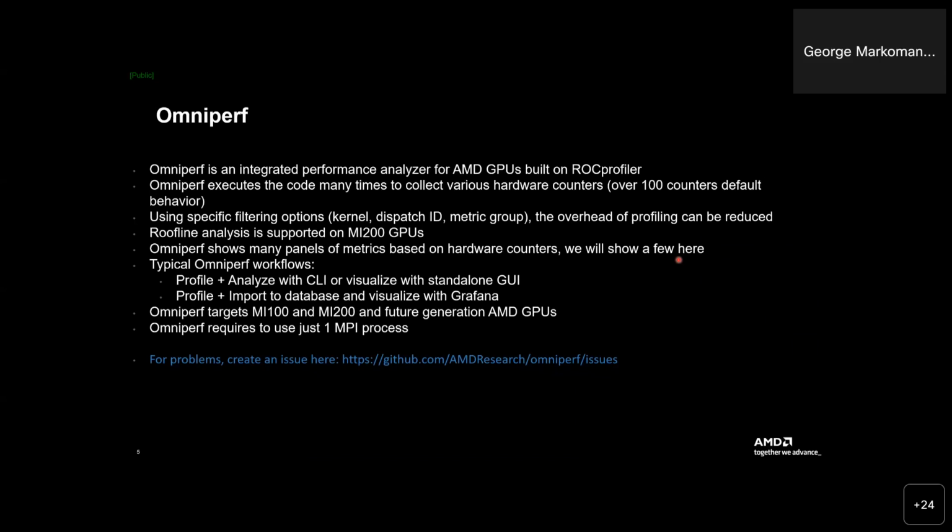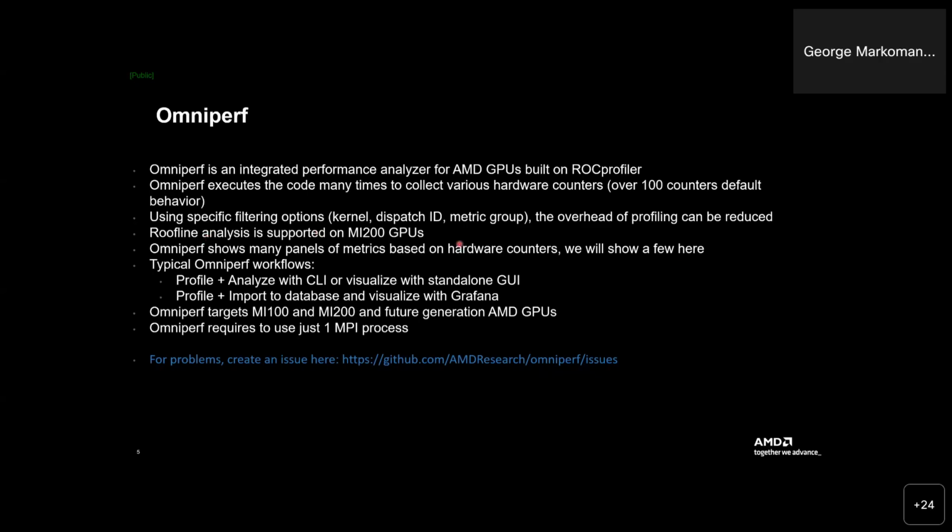So 70 times means that if an application needs 30 minutes to run, it is going to run for more than 8 hours, right? So you need to be careful what you give as input to Omniperf. Now, if you want to do only roofline analysis, it can run 3-4 times and that's it. But you will not have the data about the other analysis, memory analysis, etc.